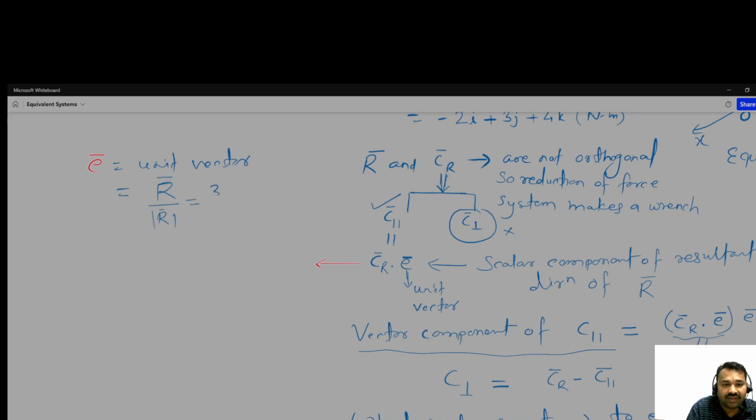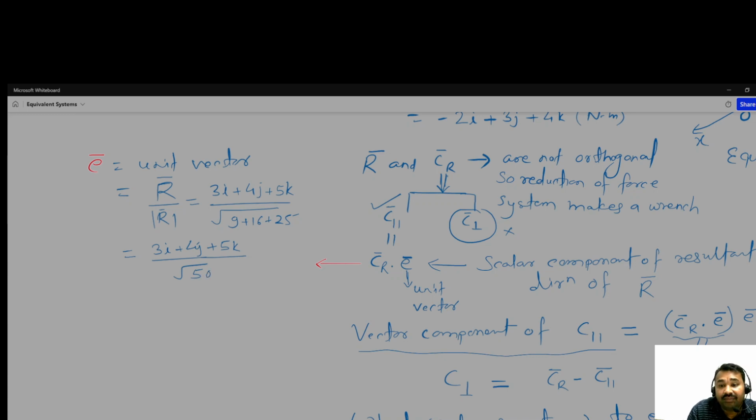So this is 3i plus 4j plus 5k divided by the square root of 9 plus 16 plus 25, which equals 3i plus 4j plus 5k divided by the square root of 50.